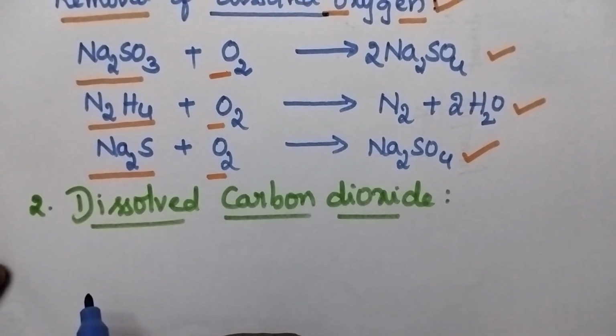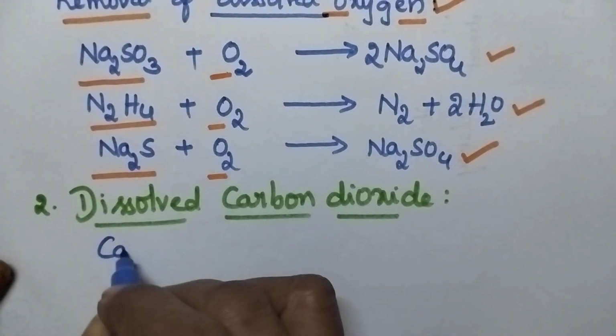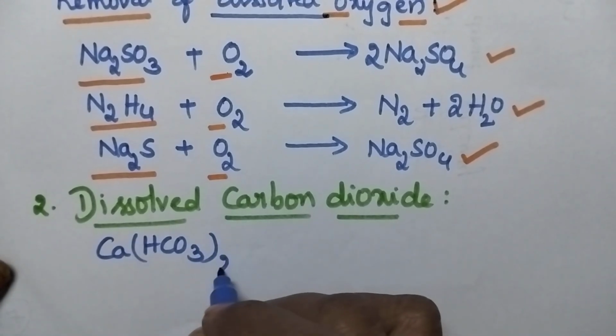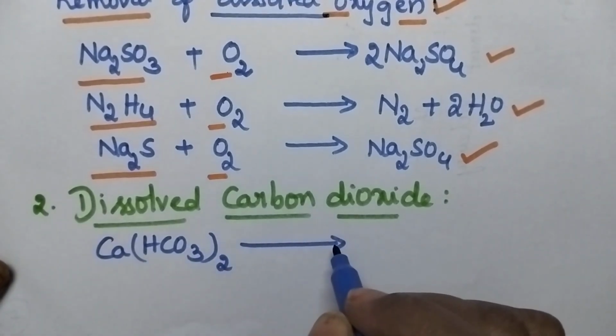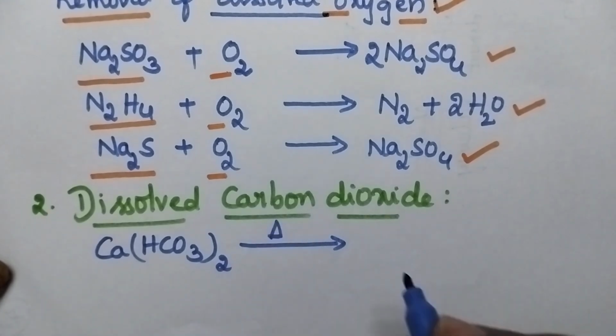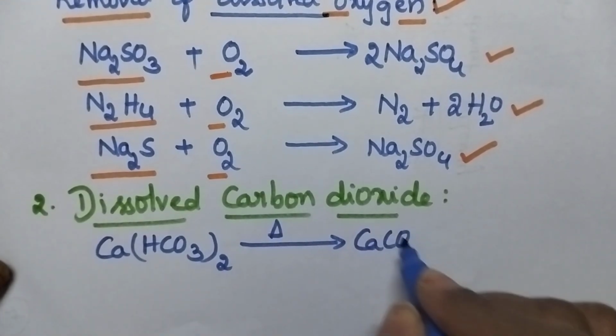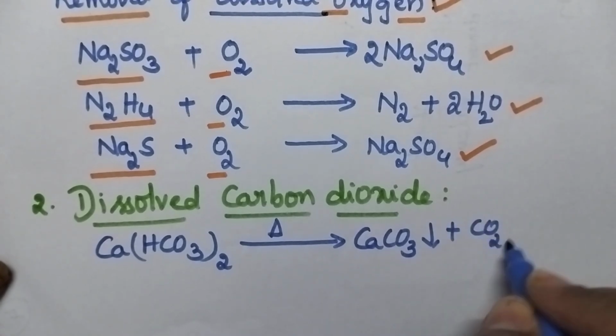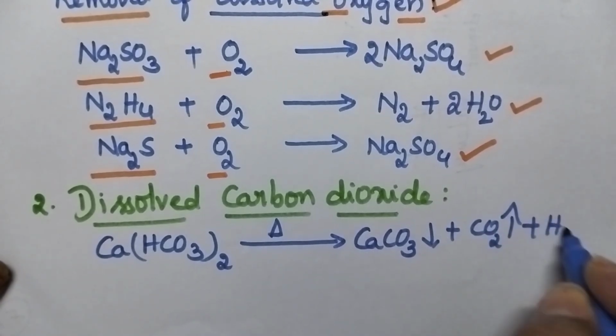Always in boilers, high temperatures will be maintained. Under such conditions, what happens? The calcium bicarbonate, which is responsible for the temporary hardness, undergoes decomposition and results in the formation of calcium carbonate, carbon dioxide and water.